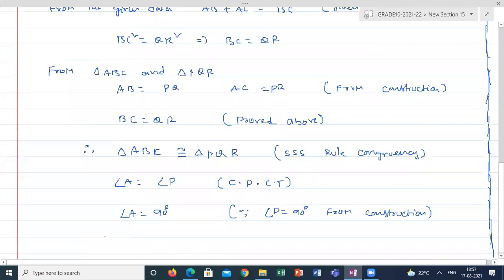If one side's square is equal to the sum of the squares of the remaining two sides, then the angle opposite to that first side is 90 degrees, and it is a right angle triangle. This is the converse of the Pythagoras theorem.